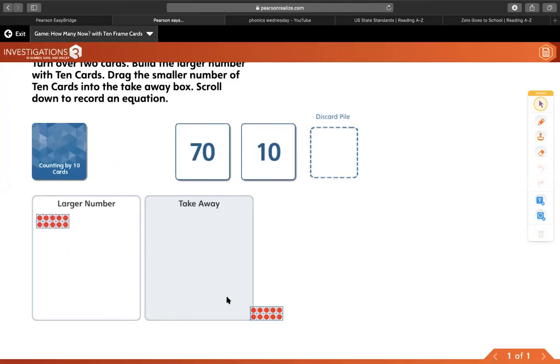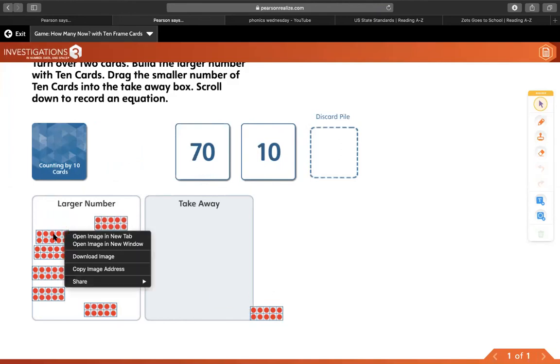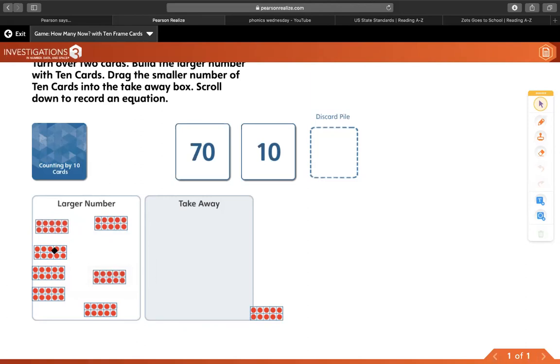So 10, and I should have 7 groups of 10. 20, 30, 40, 50, 60, 70. I have 1, 2, 3, 4, 5, 6, 7 groups of 10.